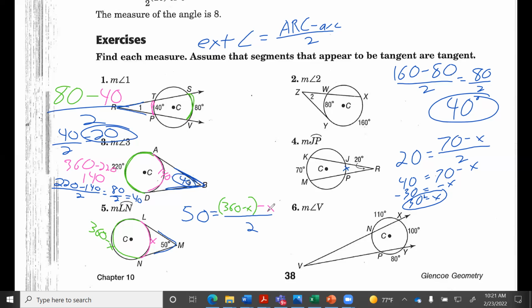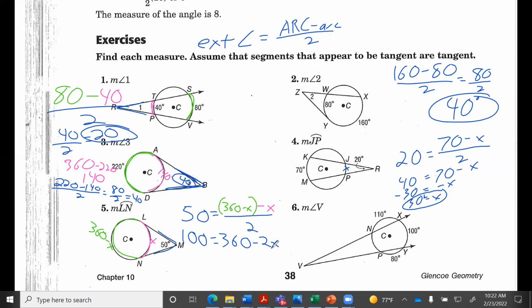Like I said, this is the hardest type of problem that we'll have in this section. Now that we're at the solving steps, we have everything plugged in. Get rid of the 2, multiply it over. What do we have on this side now? The 2's gone, but we can simplify the top a little bit. We got 360. We had negative x and negative x, so negative 1x and negative 1x combined give us 360 minus 2x.